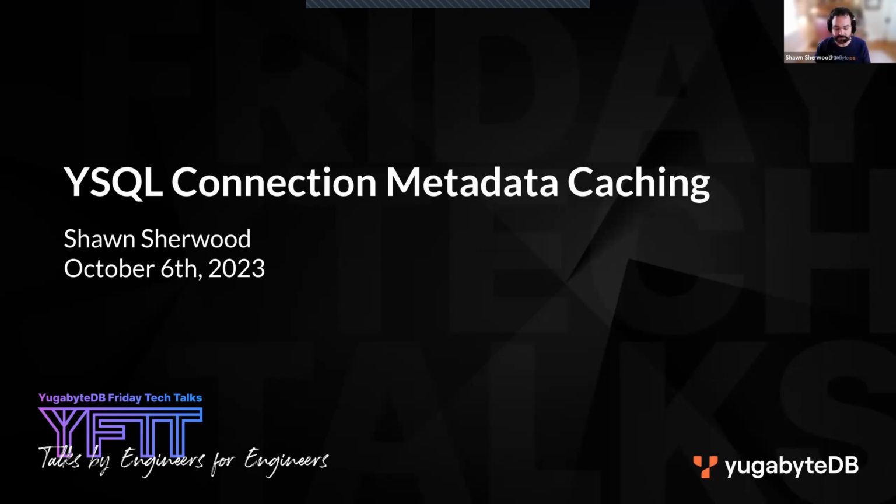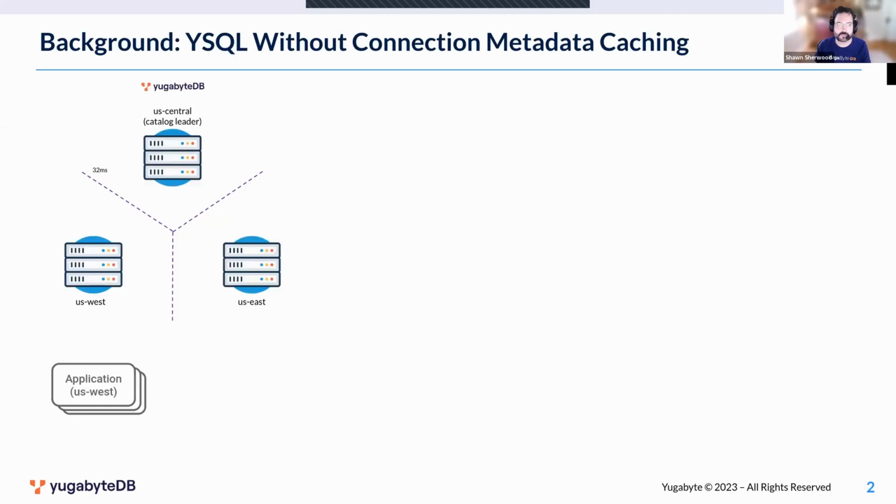So I'll just jump in to discuss what this feature is about. The background is an observed behavior that typically surfaces in a multi-region environment. I've modeled a 3-region cluster: US West, US Central, and US East.